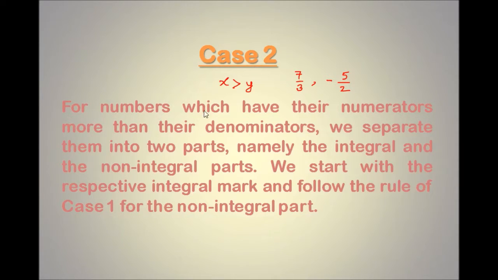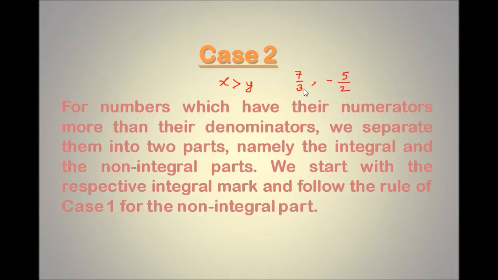So for numbers which have their numerators more than their denominators, we separate them into 2 parts, namely the integral and the non-integral parts. We start with the respective integral mark and follow the rule of case 1 for the non-integral parts.